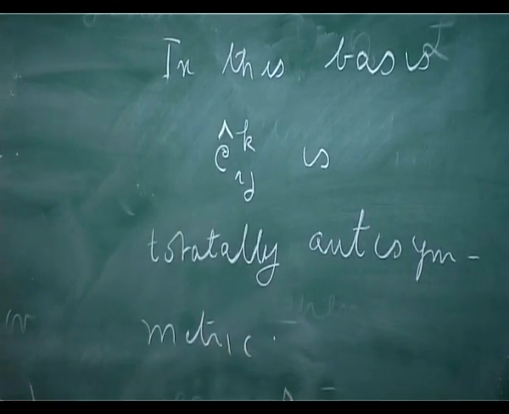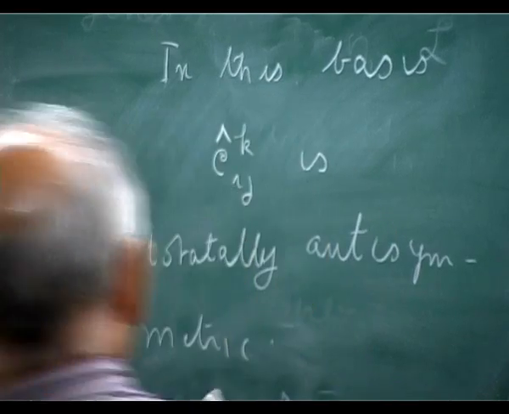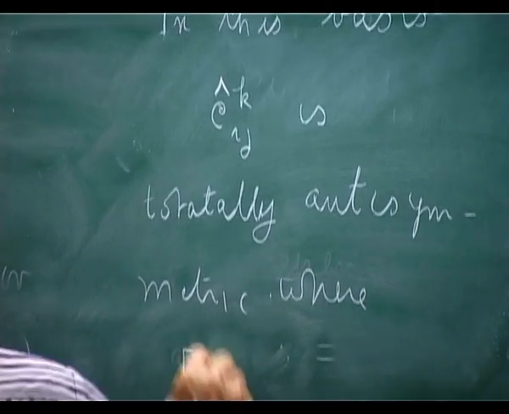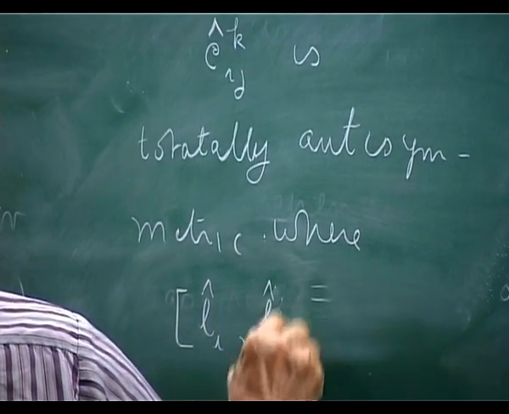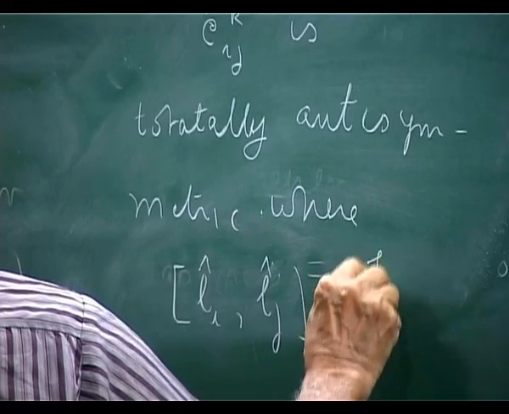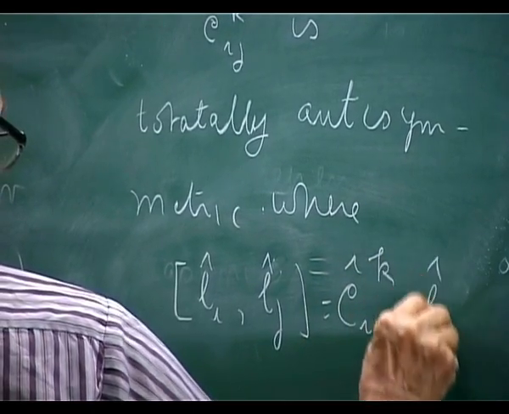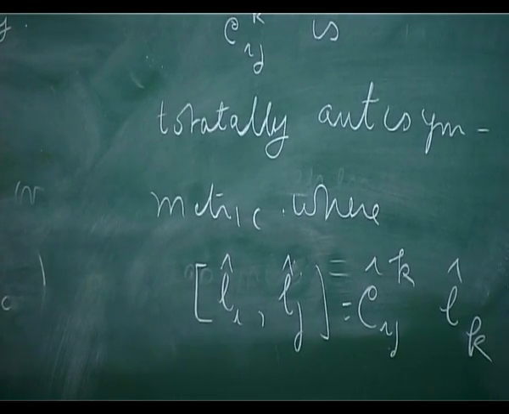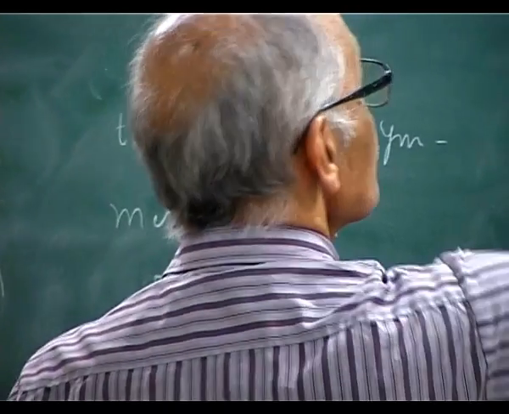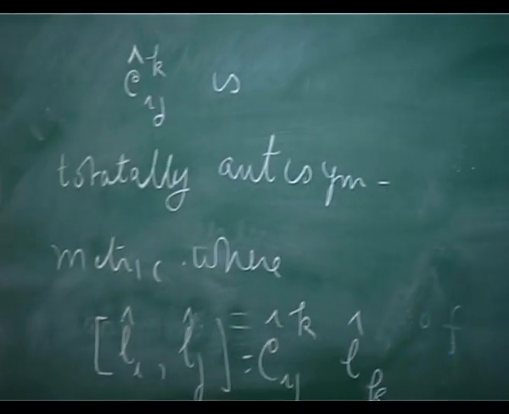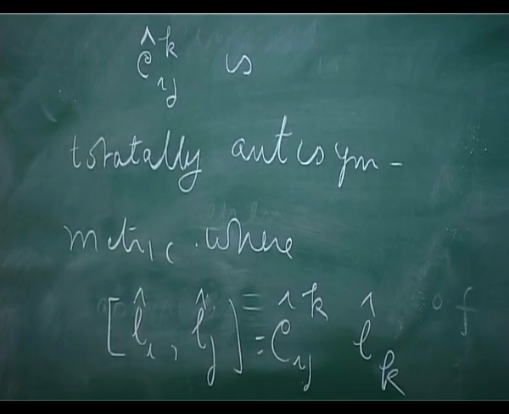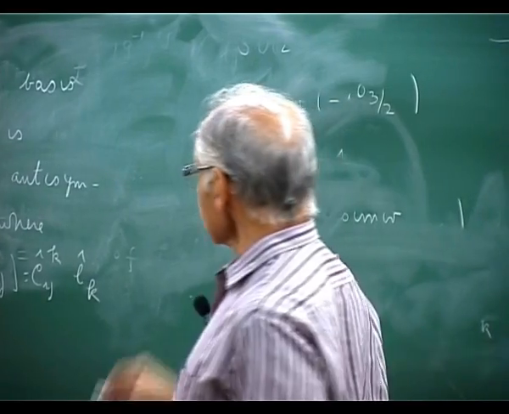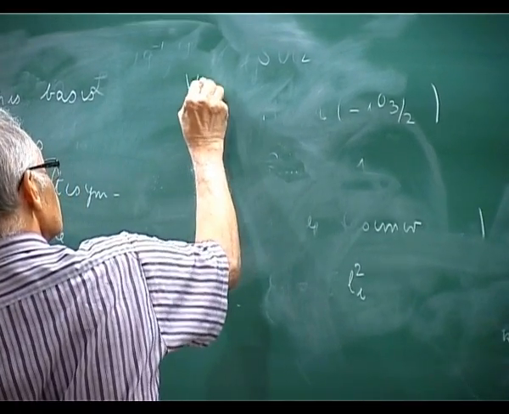Let me call it C hat kij, where [L hat i, L hat j] = C hat k_ij L hat k. So in this particular basis, this C hat looks like a Levi-Civita symbol on the tangent space. And this result is very important.